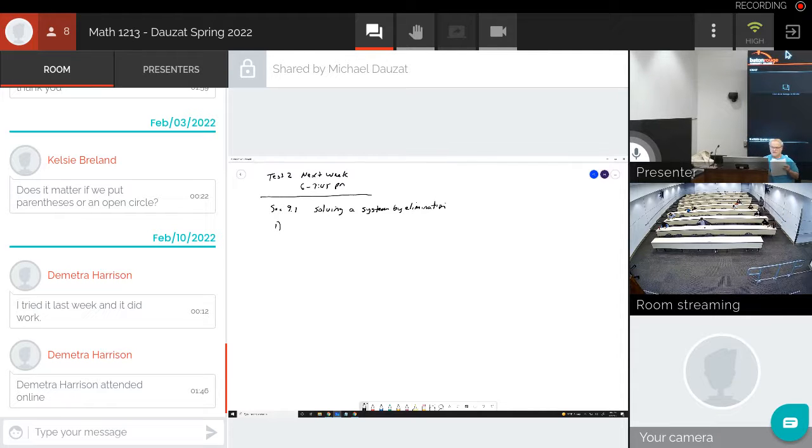Let's say we had this system: 2x minus 3y equals 4, and then x plus 3y equals -10. You have those two equations, and the directions will say solve the system by the elimination/addition method.